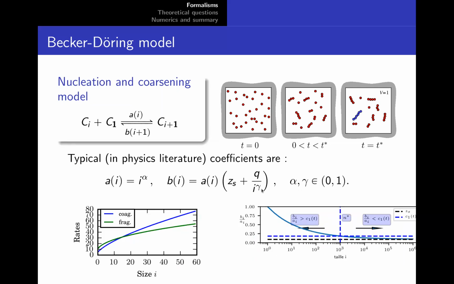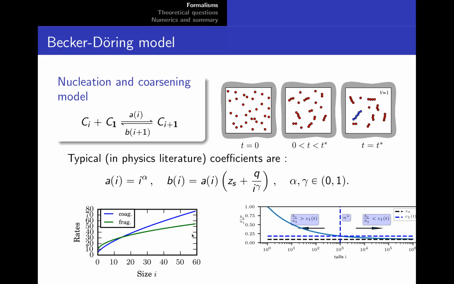And just for this shape of coefficient, a particular feature is that for small size of coefficient, if you tune the parameter which appears here, the Q and the Z_s, for small size you may have fragmentation, so the B is bigger than the A. Then for large size of clusters, the A may become above the B, and coagulation may become favorable with respect to fragmentation.